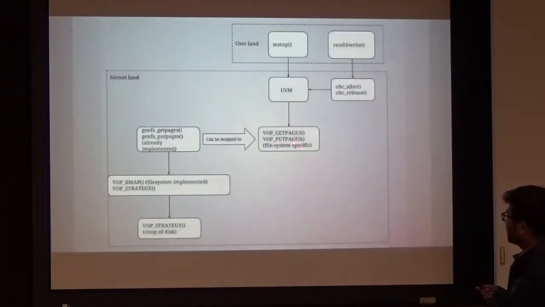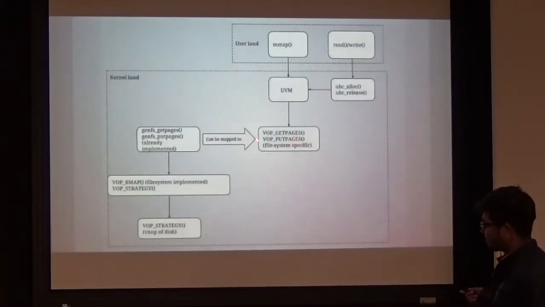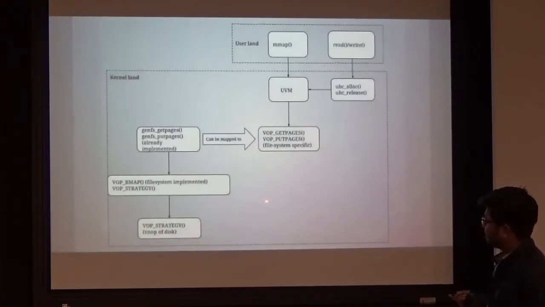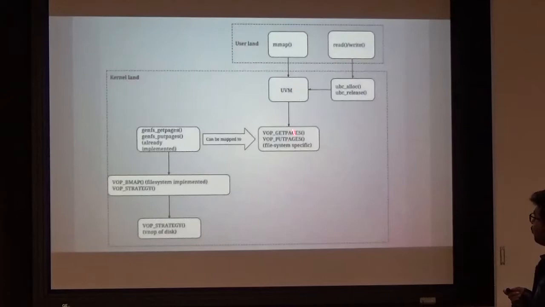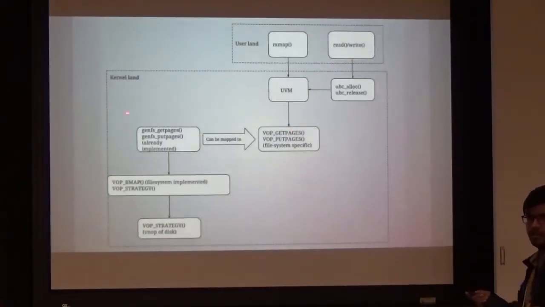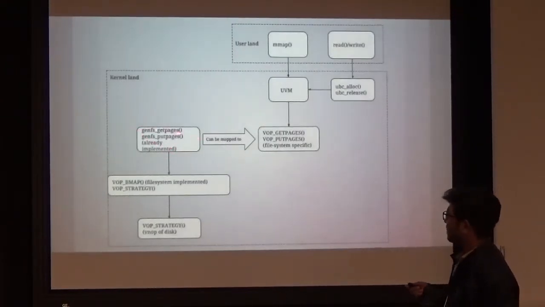Put pages takes the pages containing the data and writes them to the disk, going through the specific file system code. But the thing is, VOP get pages and put pages deal directly with UVM, and the file system developer may not know about the UVM-specific code. So what happens is that the kernel has already implemented some generic functionality of get pages and put pages.